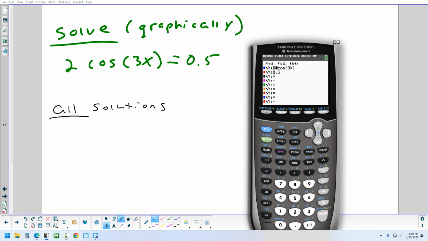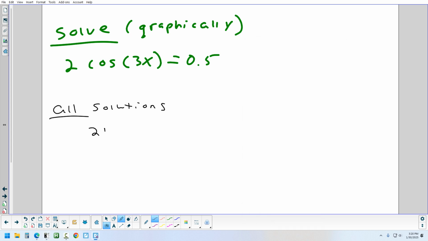It's a cosine function. What's the formula to find the period of a cosine function? So it's 2 formulas. Tangent and cotangent use one, and all the other trig functions use the other one. Is it 2 pi over the absolute value of b? Yep. So 2 pi divided by, and what's b in this case? 3.